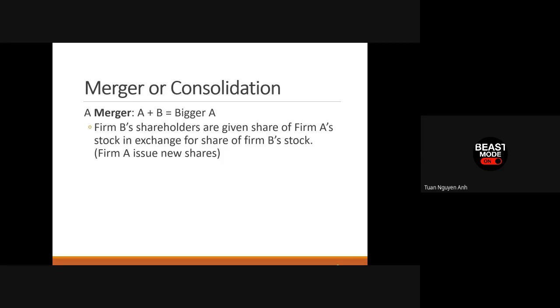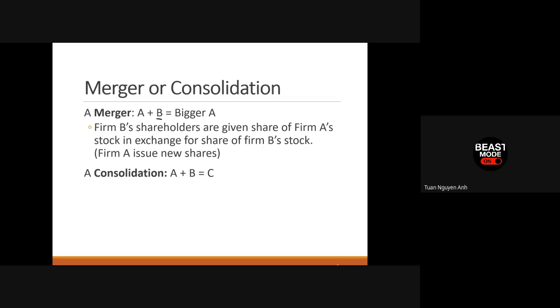Firm A just issues new shares and exchanges the new shares of firm A to the existing shareholders of firm B. So after this, all of the shareholders of firm B become shareholders of the bigger A. That is the important thing that you need to know. So we have more shareholders in the company.